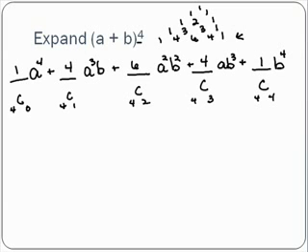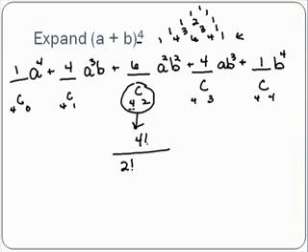Okay, so for example, let's just take this one. Using that formula for the combination, it says you take the n factorial over n minus r, so 4 minus 2 factorial, times r factorial.